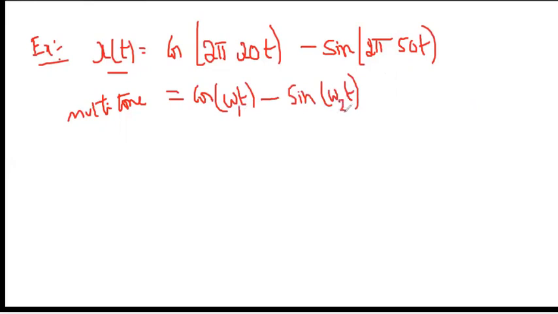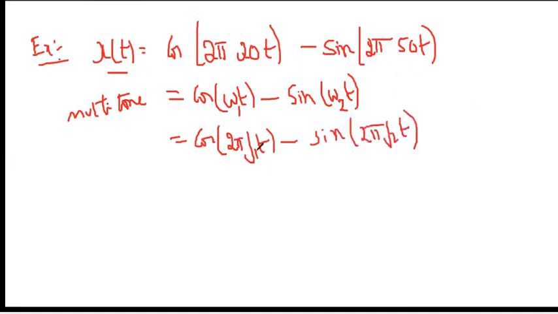Assume omega 1 and omega 2, so cos 2 pi f1 t minus sine 2 pi f2 t, where f1 is 20 hertz and f2 is 50 hertz.